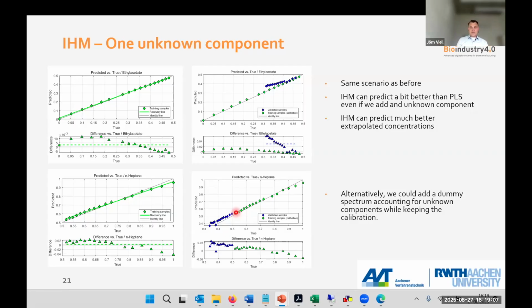Alternatively, and maybe that's already also an outlook, we could also add dummy models that account for the components that are unknown and don't need to be in the mass balance of the calibration. That's what you cannot do with PLS so easily, but due to the fact that we model the spectra explicitly, we can also account for such effects.